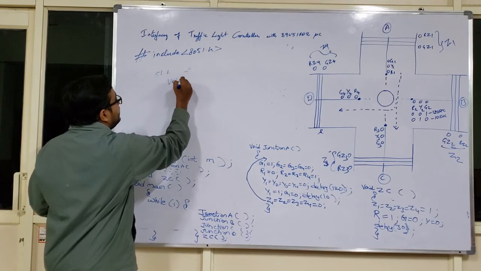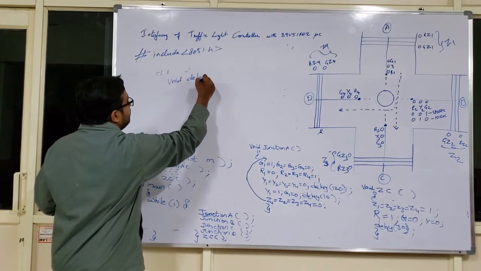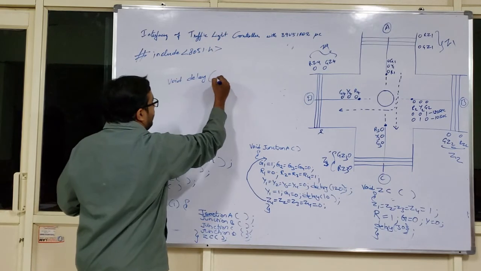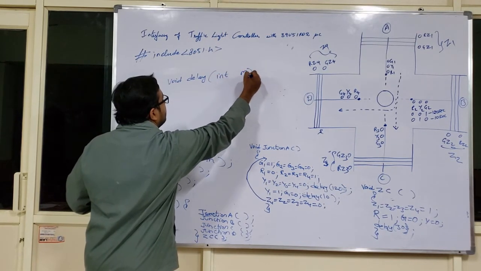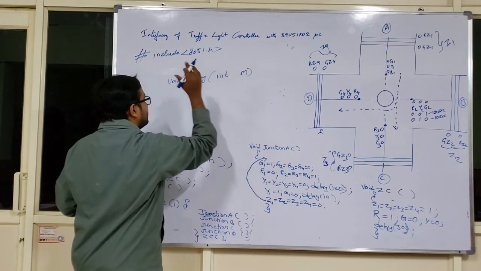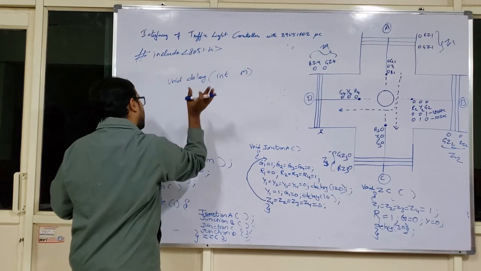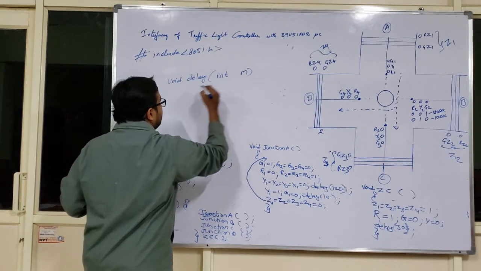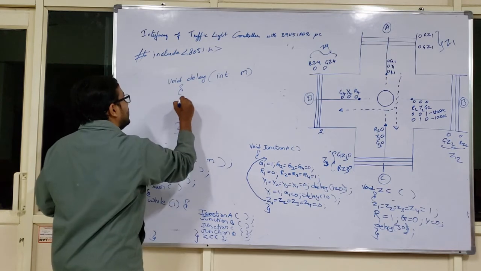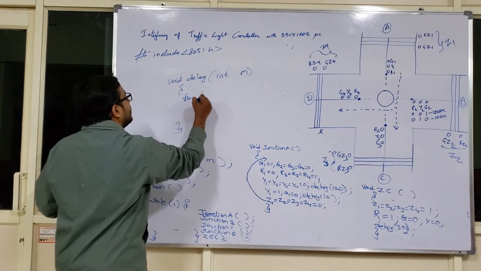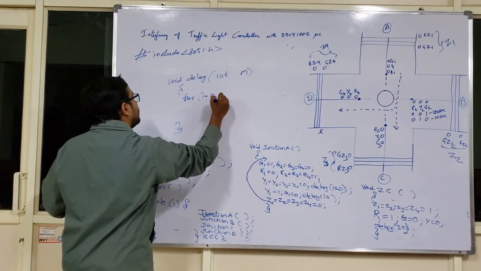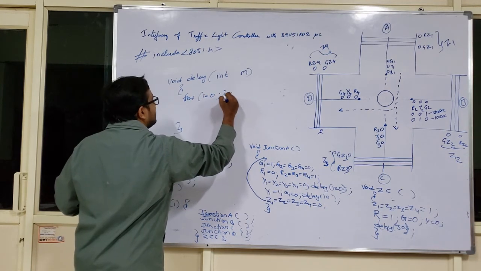Whenever I am providing the definition for the delay function, that is void delay(int m), whatever I used during the function declaration, the same thing is also provided for the function definition. So for i equal to 0, i less than m.